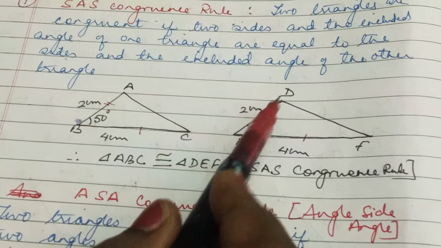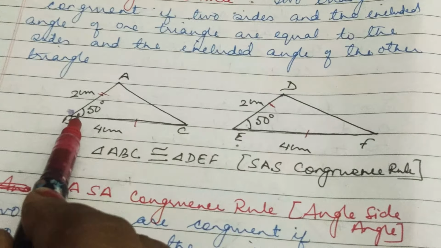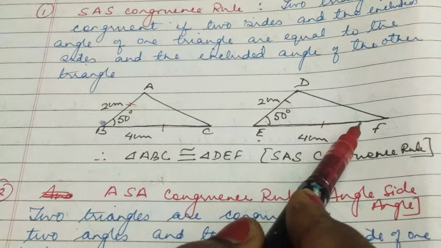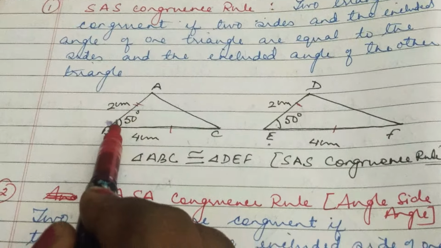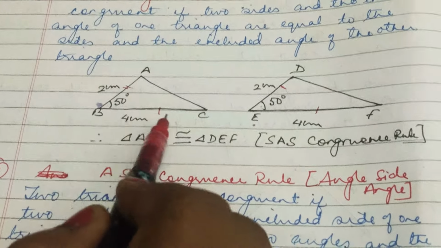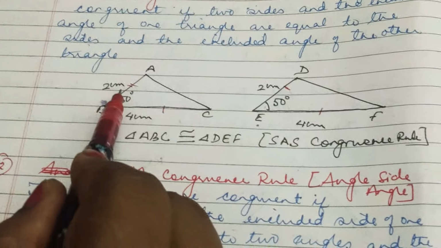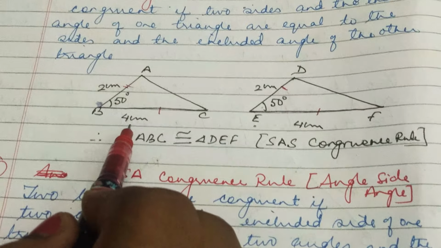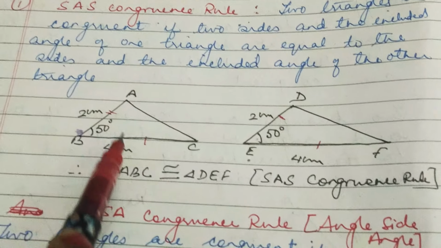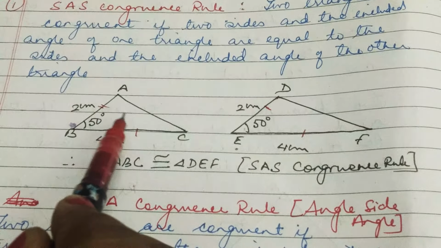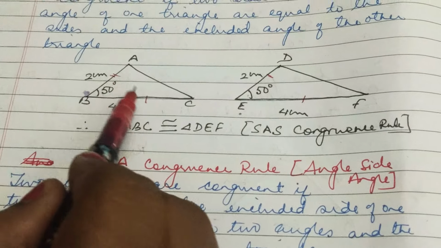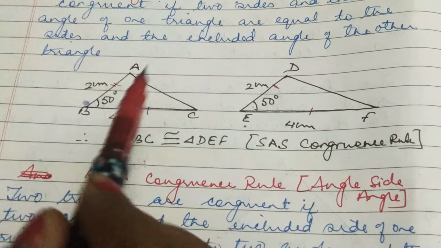That AB and DE are equal, angle B is equal to angle E, and BC is equal to EF. So the angle is included between the two sides. So the two triangles are congruent by SAS congruency rule. The angle is included between the two sides.